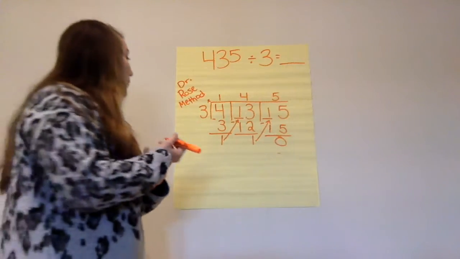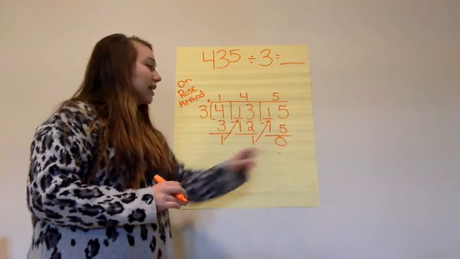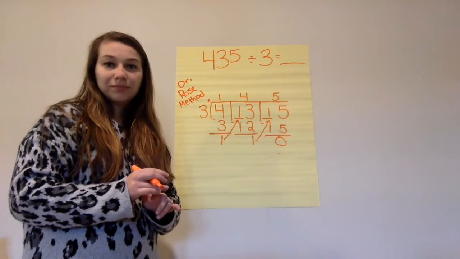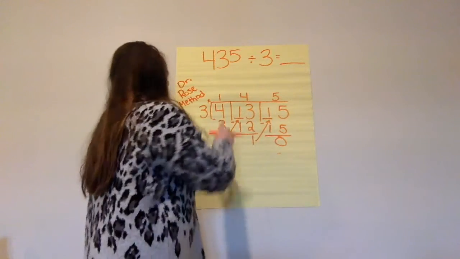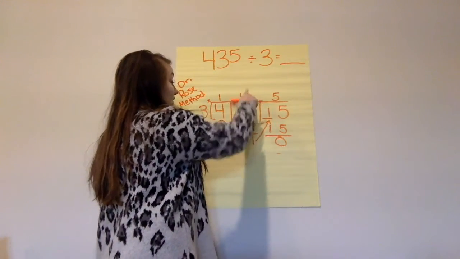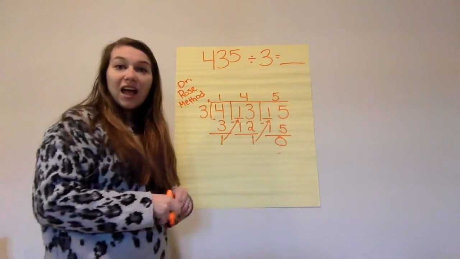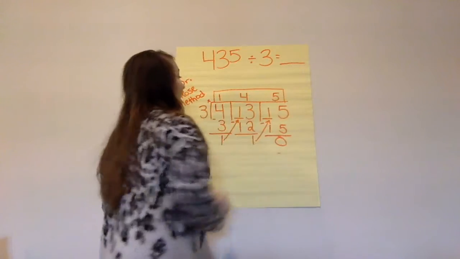All right, so where can I find my answer? Is it right here? Is it that 0? No, it's not. Some of you may already know, but if we look up here, we have 100, 4 10s, and 5 1s to make 145.